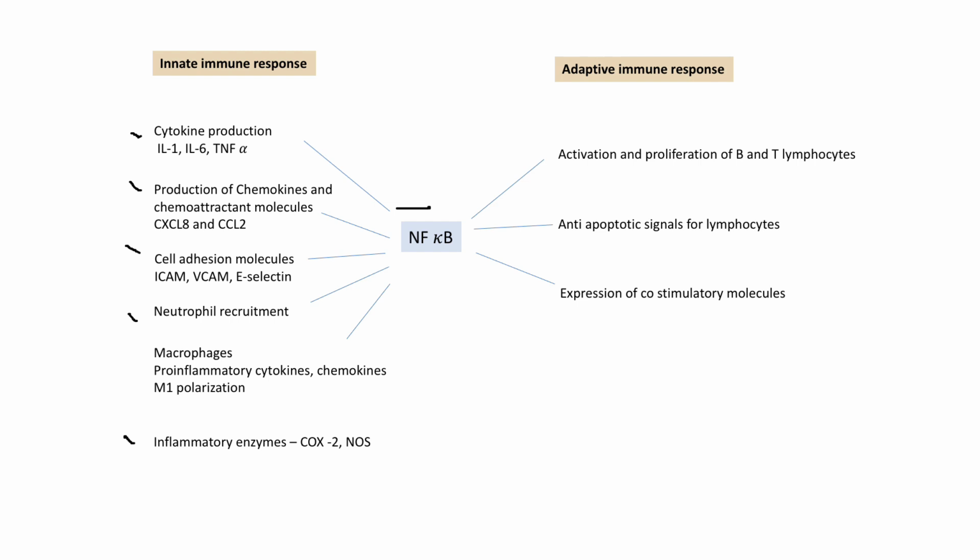So when this transcription factor is inhibited by glucocorticoids, it decreases production of all these mediators and it significantly affects inflammatory response. Similarly, this transcription factor also contributes to activation and proliferation of B and T lymphocytes. So inhibition of NF-kappa B by glucocorticoids can also significantly affect adaptive immune response and contribute to immunosuppressive effects of glucocorticoids.